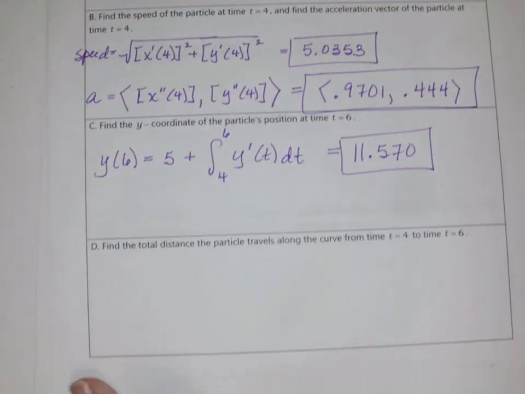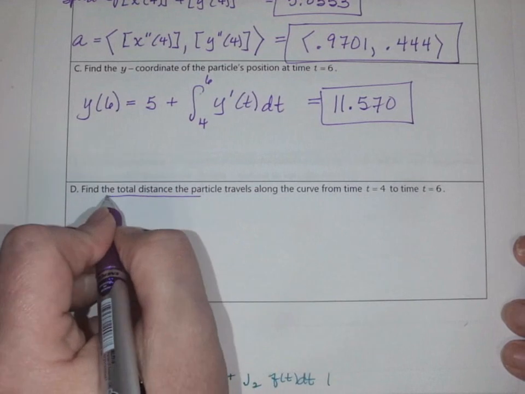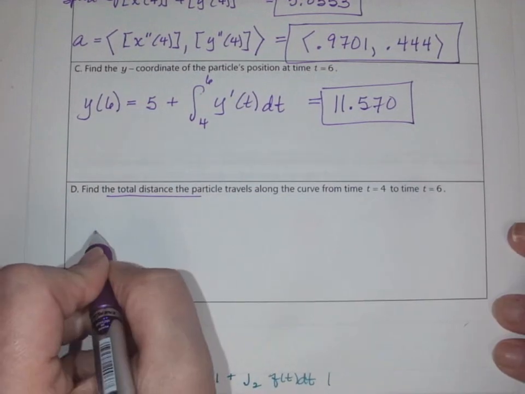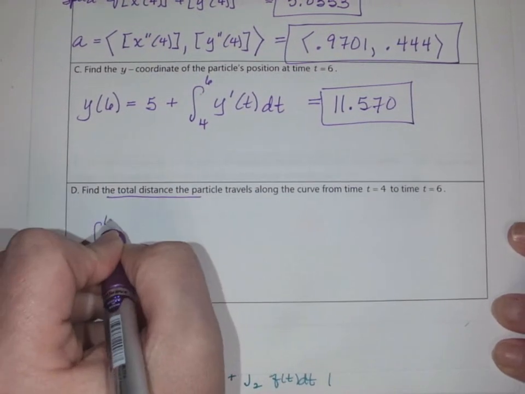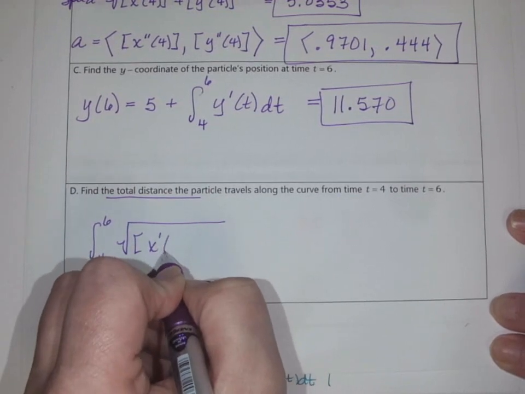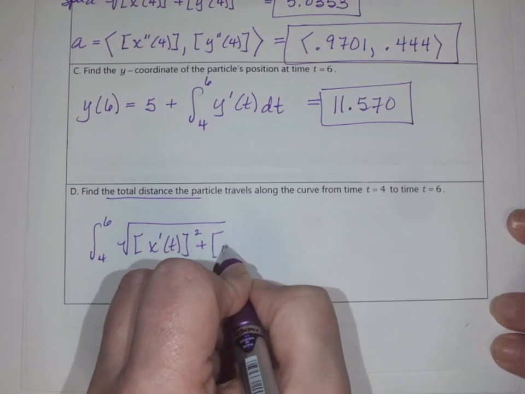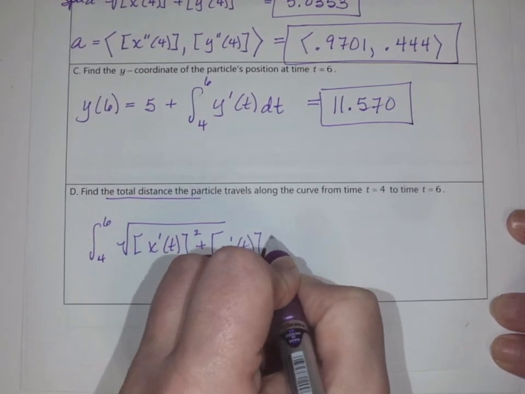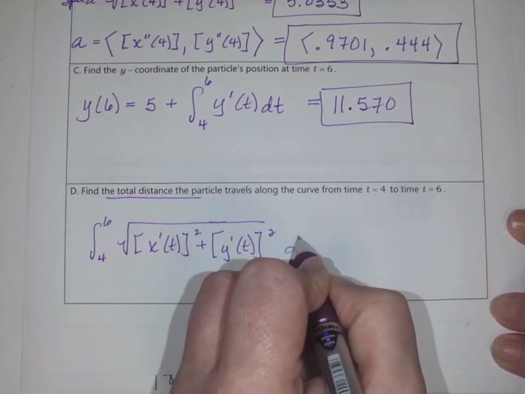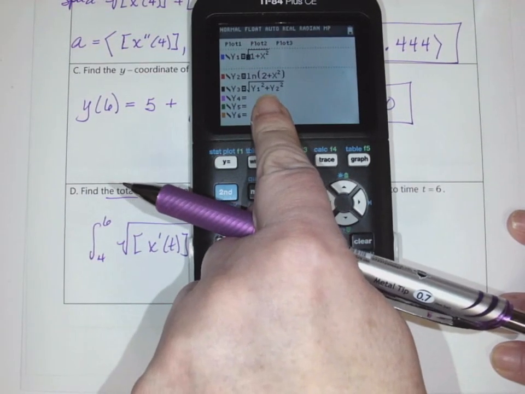And then the last one on this one is find the total distance traveled by the particle from 4 to 6. So remember, total distance traveled is the integral of speed. So it'll be the integral from 4 to 6 of the square root of x prime of t squared plus y prime of t quantity squared dt, which, if I remember correctly, we put into y3.